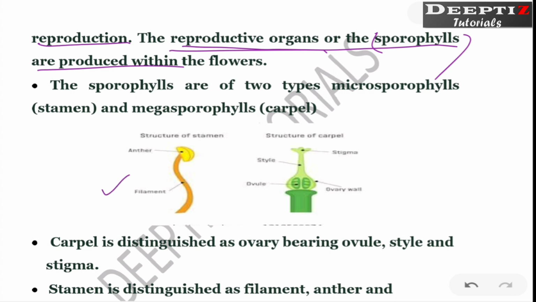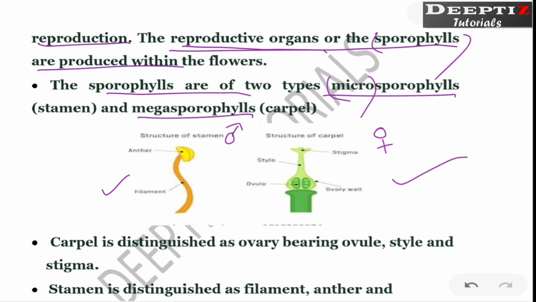If you look at these two structures, hope you can tell which one is male and which one is female, right? Stamens are the male, carpel or pistil is the female one. These are of two types, microsporophyll and megasporophyll. Please remember, whenever it comes micro, these are produced more in number but smaller in size.